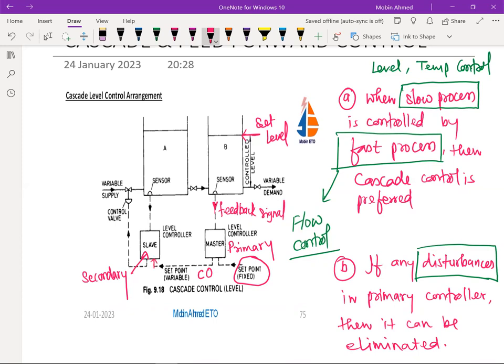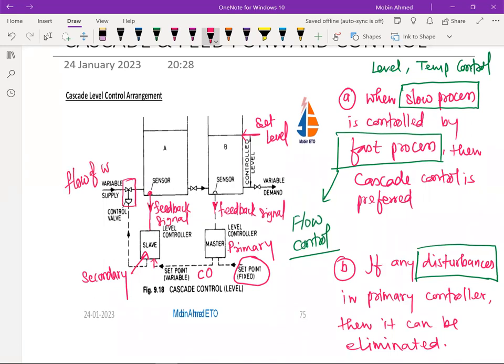And it is going to have its own sensor, you can see, and from there it is going to have a feedback signal, and accordingly this is going to control the control valve. So the flow of the water is being controlled.